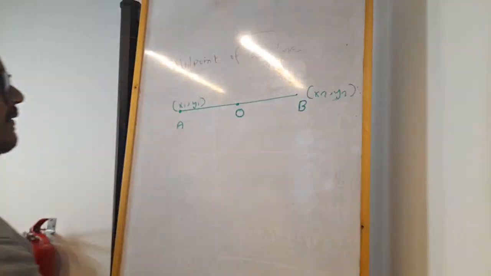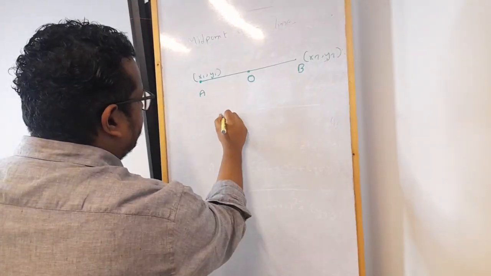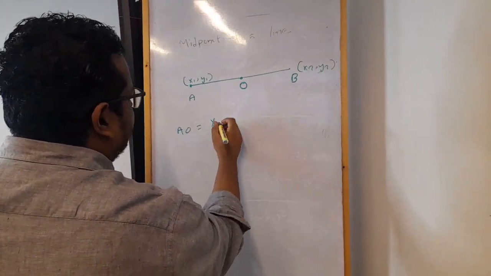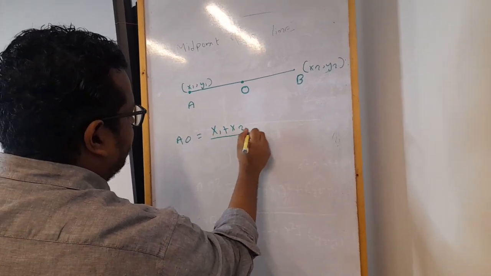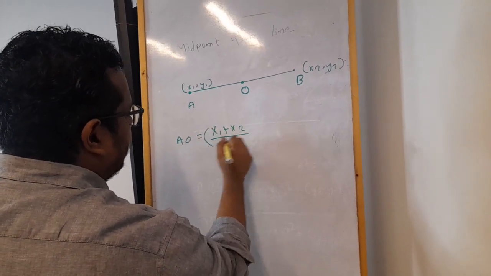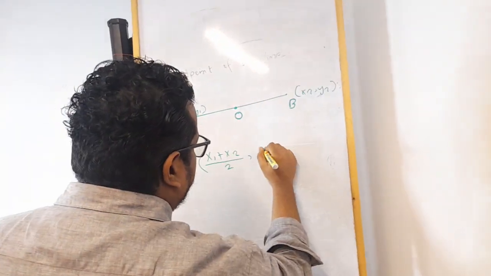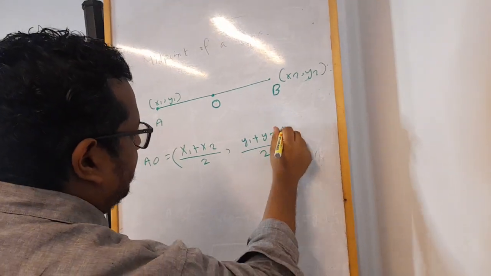Now if you were to find the midpoint, which is O, you have to add up the x coordinates. AO is basically x1 plus x2 divided by 2, and you add the y coordinates, y1 plus y2 divided by 2.